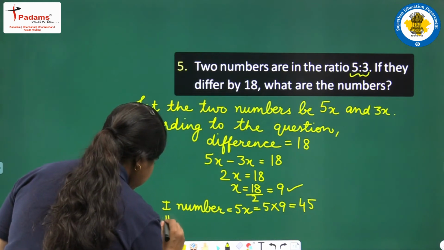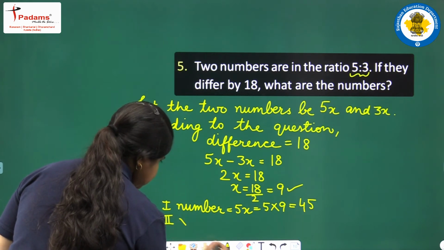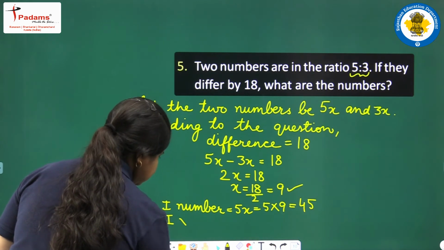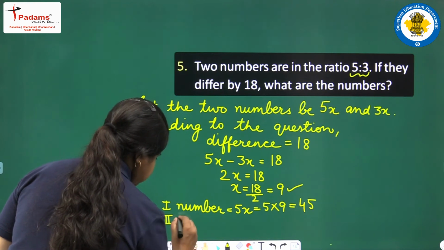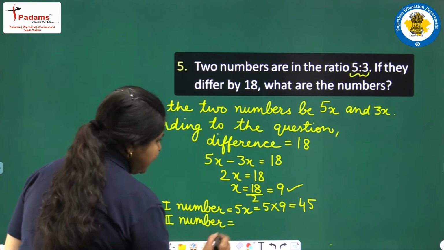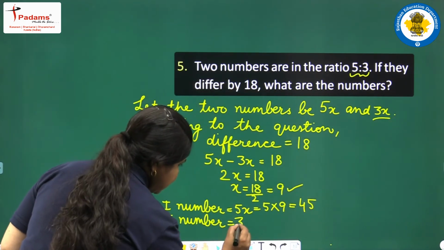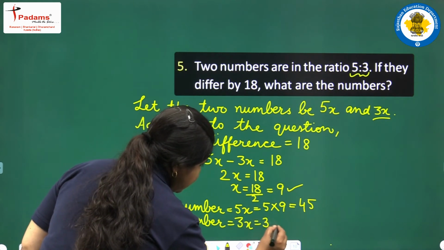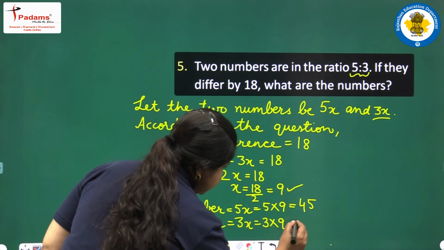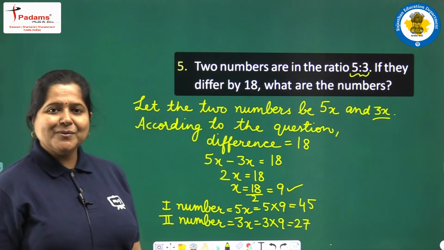And the second number, the second number is 3x. So 3x, 3 into 9, this will give us 3 9s are 27. So these are the two numbers.